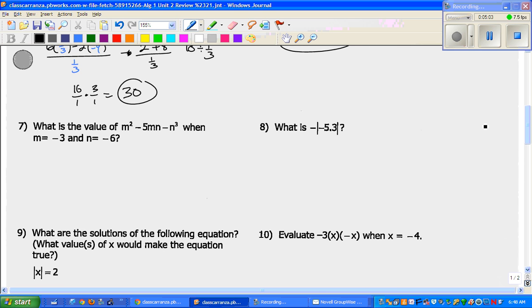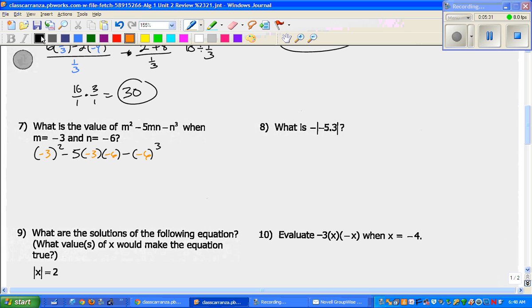All right, number 7, what is the value of m squared minus 5mn minus n to the third power when m equals -3 and n equals -6? So I'm just getting everything ready to plug in. m is -3, n is -6.